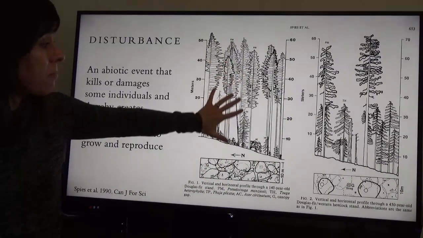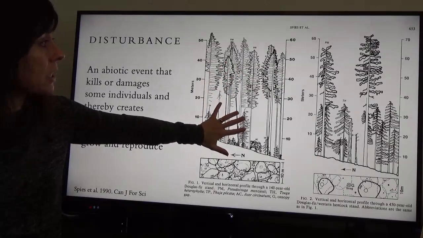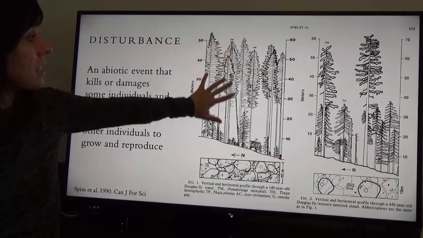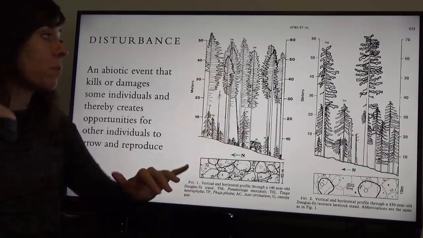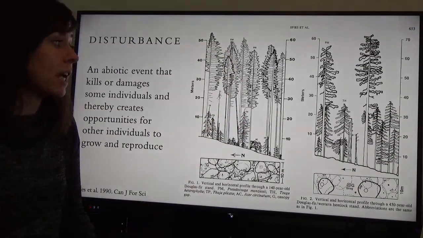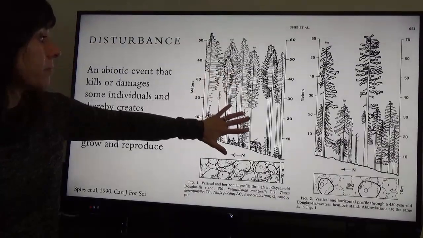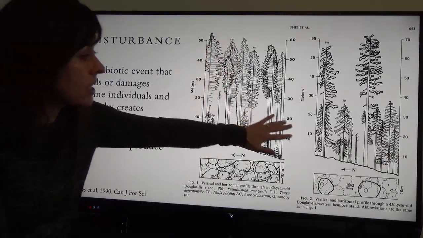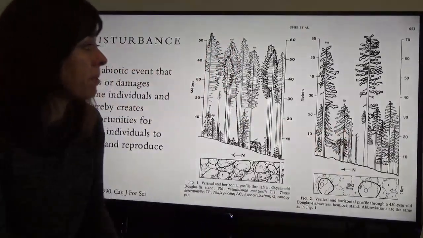But their maintenance in this system is really driven very critically by the fact that as these trees get older and taller, eventually wind and or other disturbances will cause them to snap off in some cases.